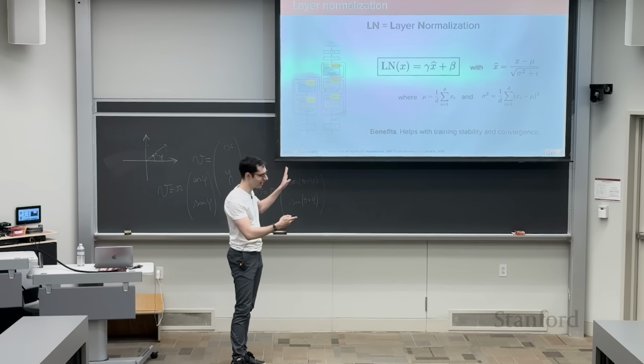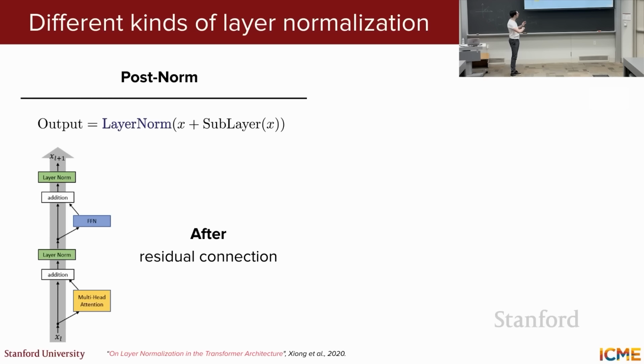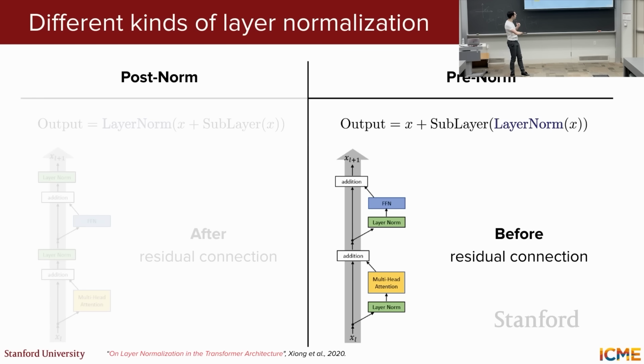This technique was used in the original transformer paper. I just want to call out that there have been some changes since then. We went from normalizing the input plus the output of the sublayer to having a sum of the input and the sublayer of the normalized input.